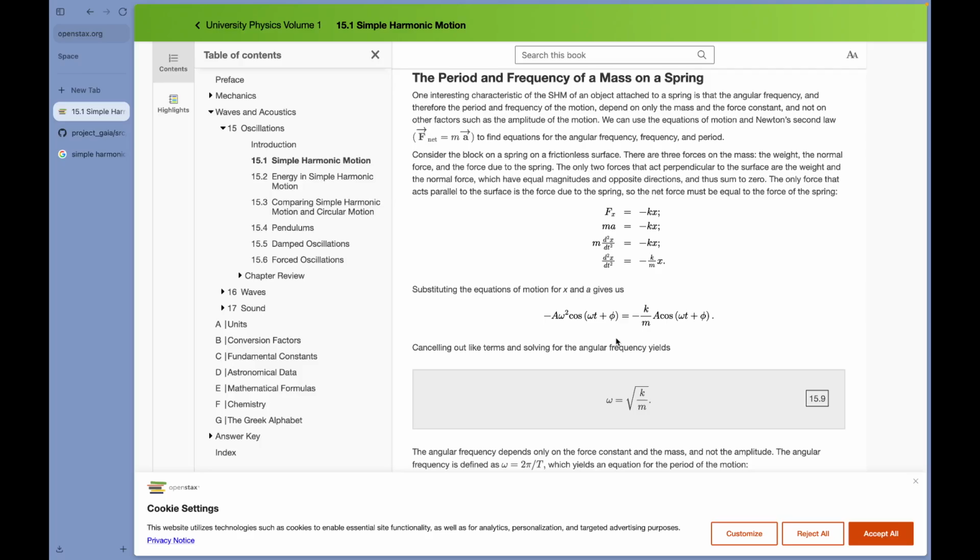But if I wanted to go left and right, then it would need to oscillate the x position. And of course this is talking about frequency. So that's the case there.